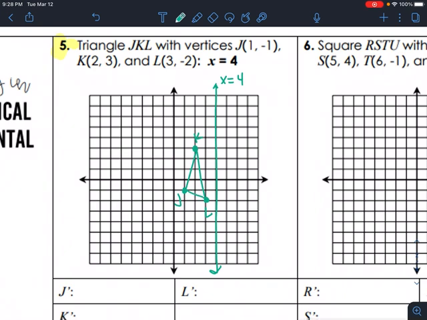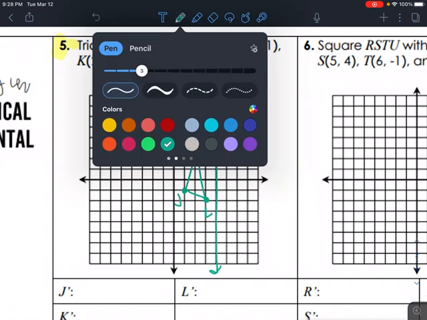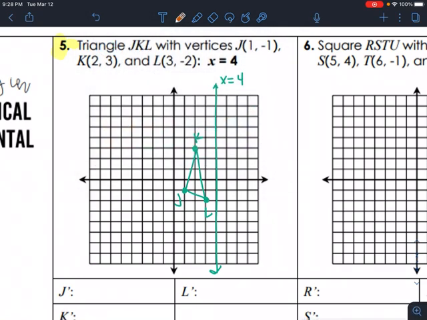Then I'm going to plot my reflection across the line x equals 4. I count my 2 units, so now this is K prime. This is 1 unit, so this would be L prime. This is 3 units, so this is going to be J prime.